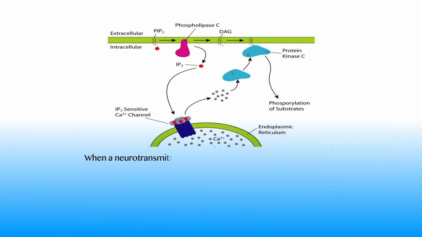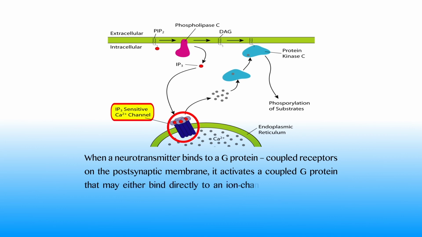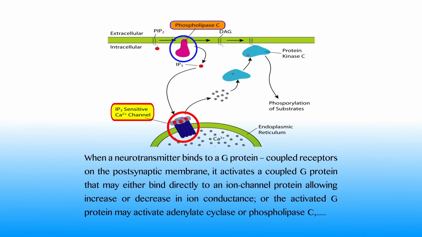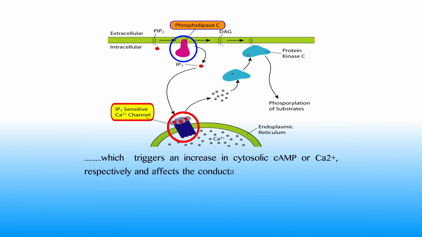When a neurotransmitter binds to a G protein coupled receptor on the postsynaptic membrane, it activates a coupled G protein that may either bind directly to an ion channel protein, allowing increase or decrease in ion conductance, or the activated G protein may activate adenylate cyclase or phospholipase C, which triggers an increase in cytosolic cAMP or calcium ion respectively and affects the conductance of ions in a linked ion channel.